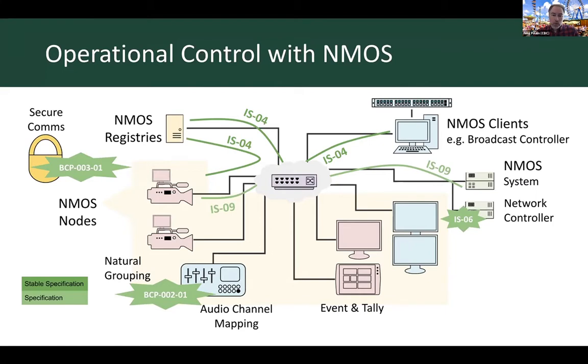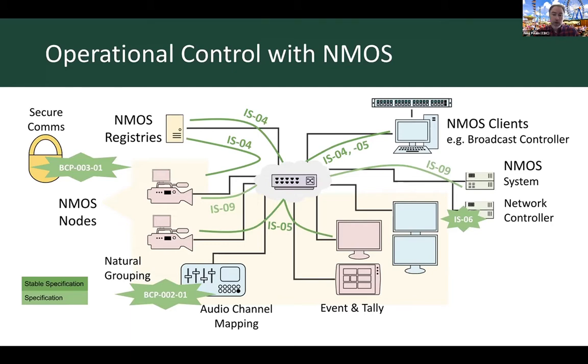So once the route is established in the case of an SDN network, or in the case of an IGMP network where there's no network controller per se, the controller will establish at the demand of a user a connection between a source and a destination, between a sender and a receiver.